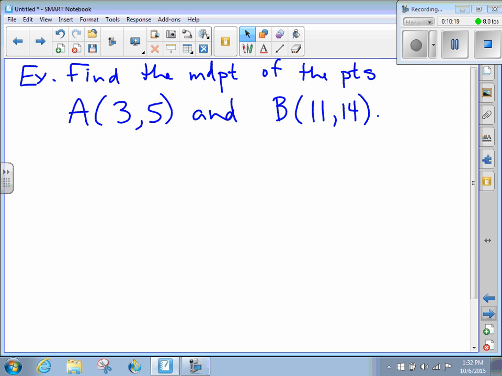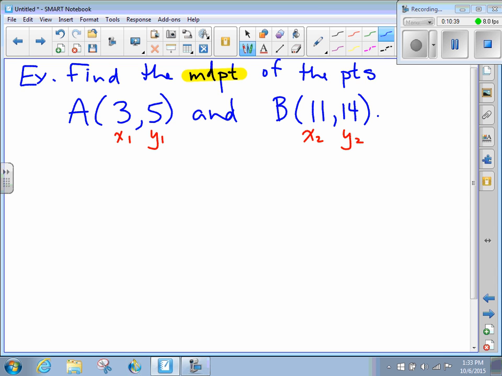So again, we've got 2 points here. It wants to know our midpoint. Okay, so we have to use our new equation that we learned. We've got x1, y1, x2, y2. And now we just plug them into the equation.